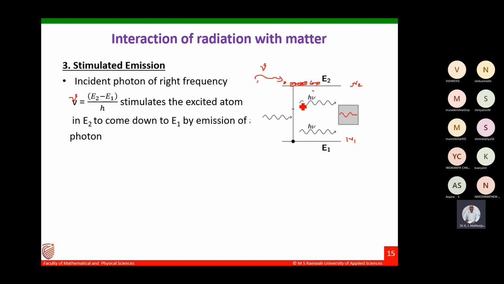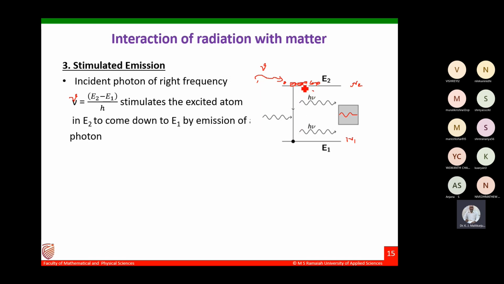Here, what is happening? I am applying radiation in such a way that the incoming radiation is forcing this atom to move to the lower energy level. That is, it is stimulating that atom to go down.